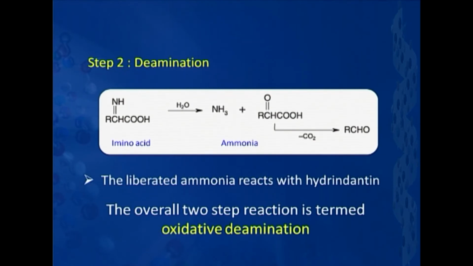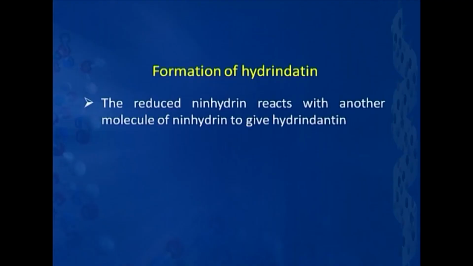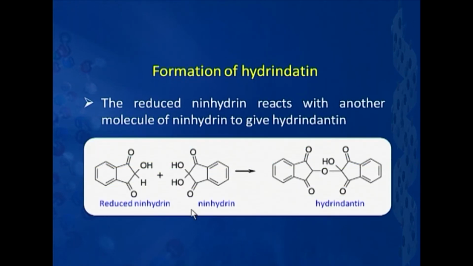Let us see how the formation of hydrindantin takes place. The ninhydrin which got reduced in the first step reacts with another molecule of ninhydrin as follows to give us the product here, that is hydrindantin. The two put together give us this product.